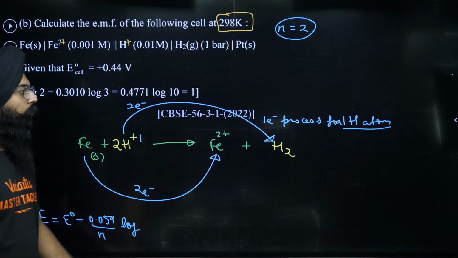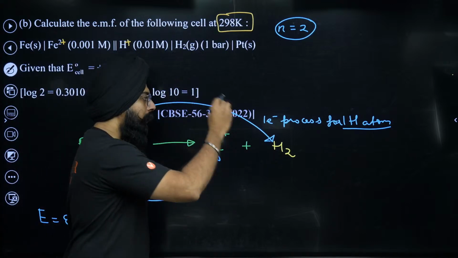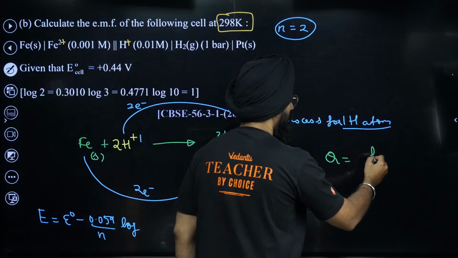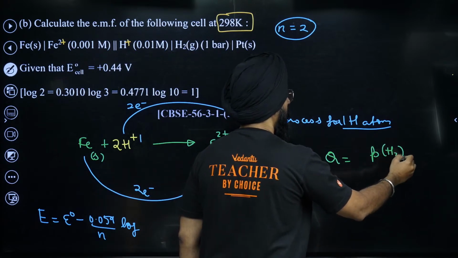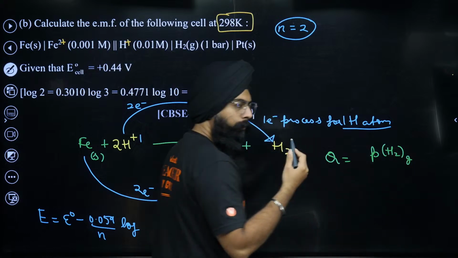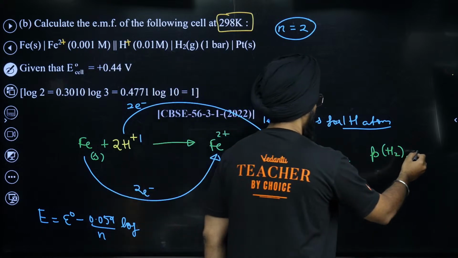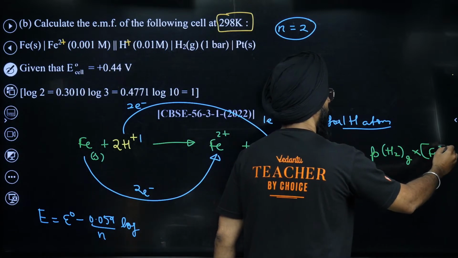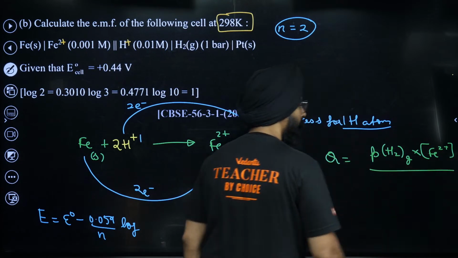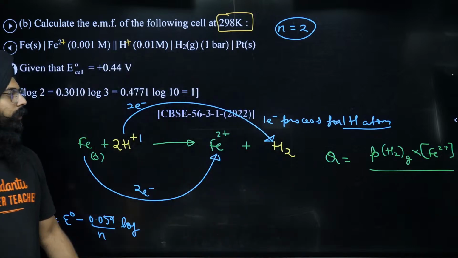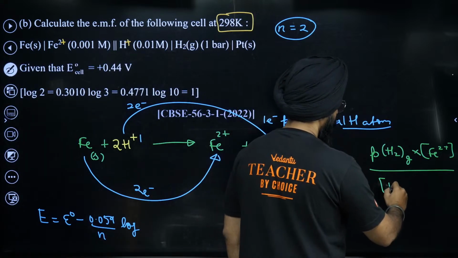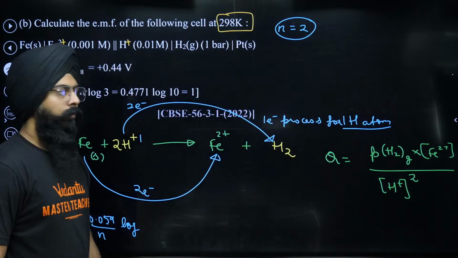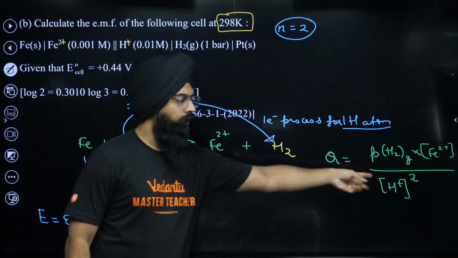The reaction quotient will be equal to the pressure of hydrogen gas in atm into the concentration of Fe2 positive divided by the concentration of H positive squared.